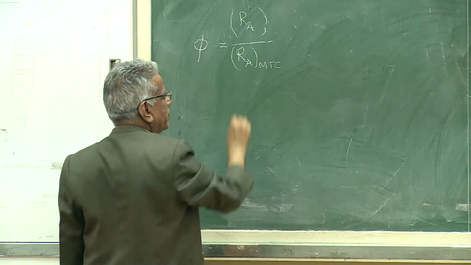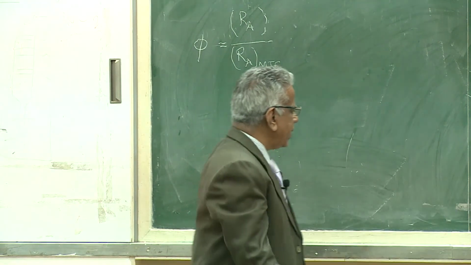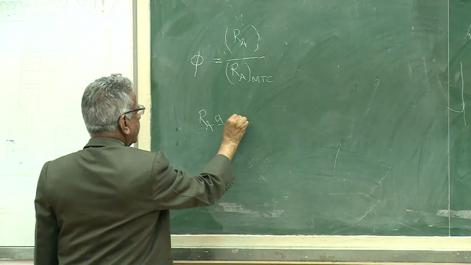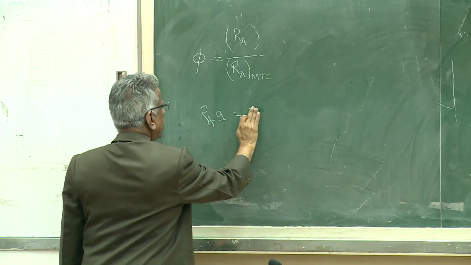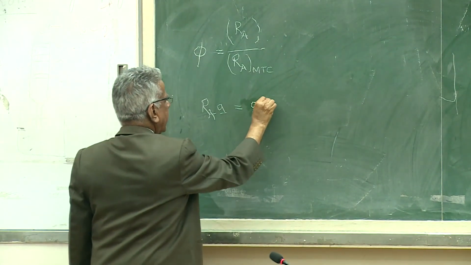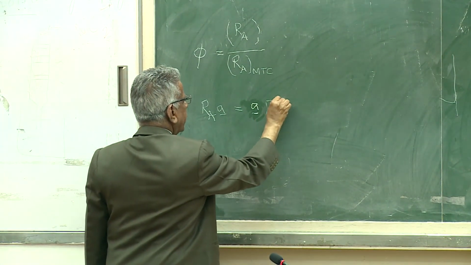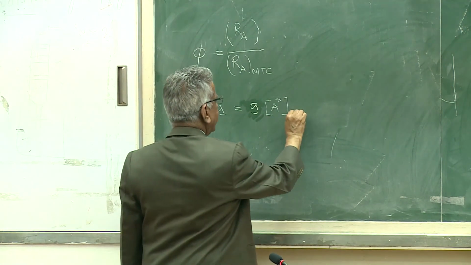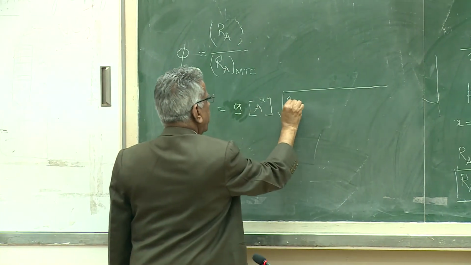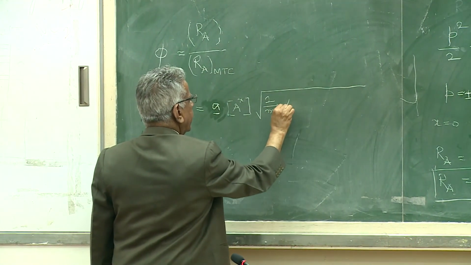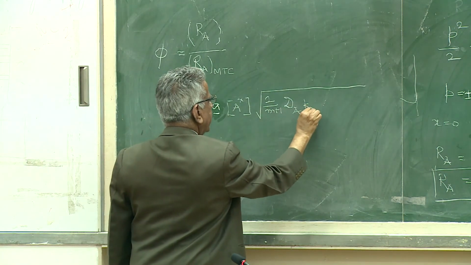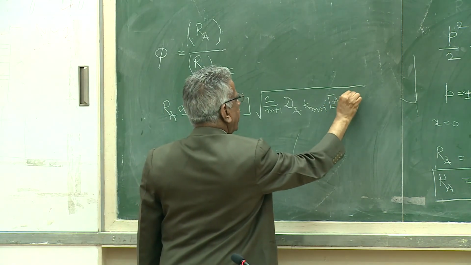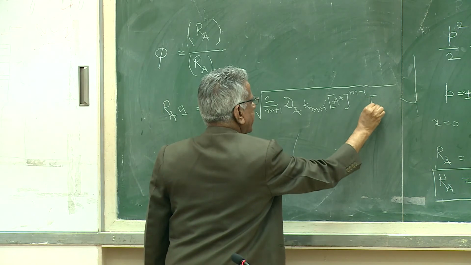If I want this to be converted into RAA, then I can always write RAA is equal to A star, 2 upon m plus 1, dA Kmn, A star raised to m minus 1, B naught raised to n.